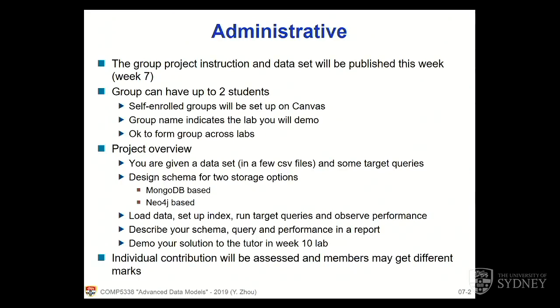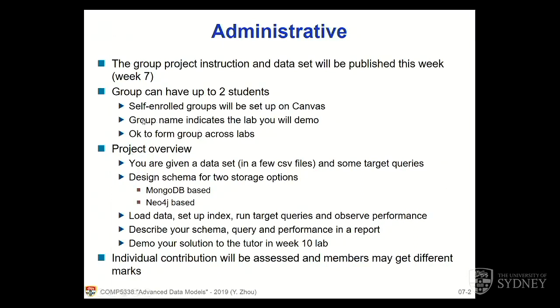So we're going to release the group project instructions pretty soon on Canvas, as well as the data set. It's a small group project, can have up to 2 students, and we don't form groups for you. So basically, it's self-enrolled groups. You form your own group, and that will be set up on Canvas as well, together when this is released.